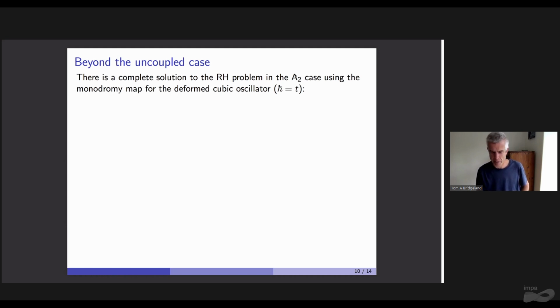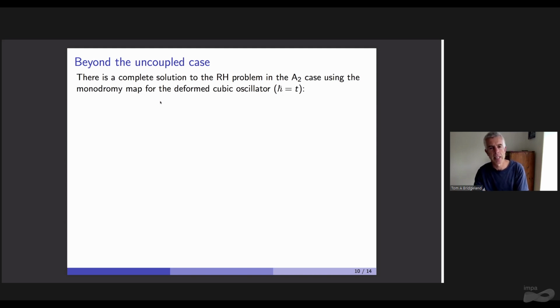And really following ideas of Gaiotto, Moore, and Neitzke, the way to do this is to solve it geometrically using moduli spaces of connections on Riemann surfaces, essentially. The actual details are a little bit different to what Gaiotto, Moore, and Neitzke did, of course.